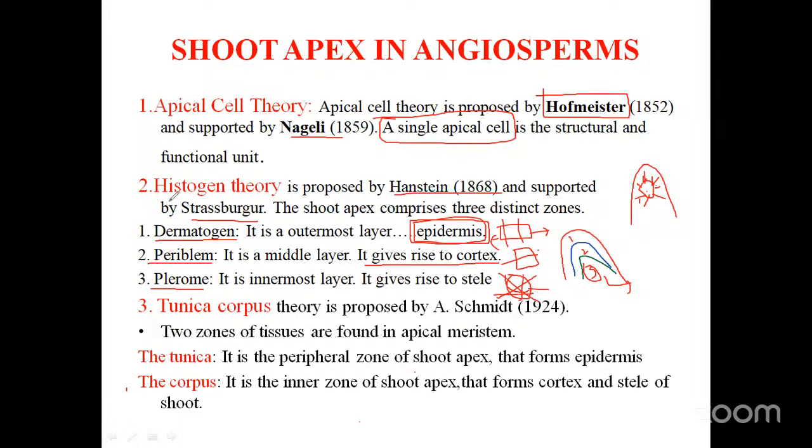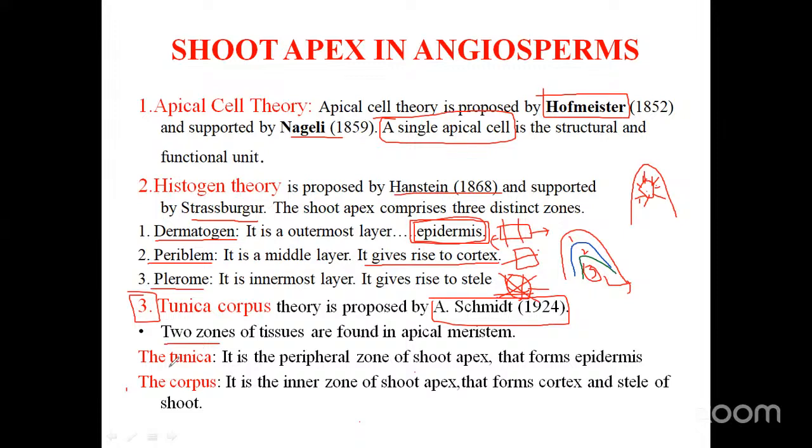So this is histogen theory, and the theory most scientists accepted is the tunica corpus theory, which was proposed by Schmidt in 1924. According to tunica corpus, only two zones are there, instead of three.